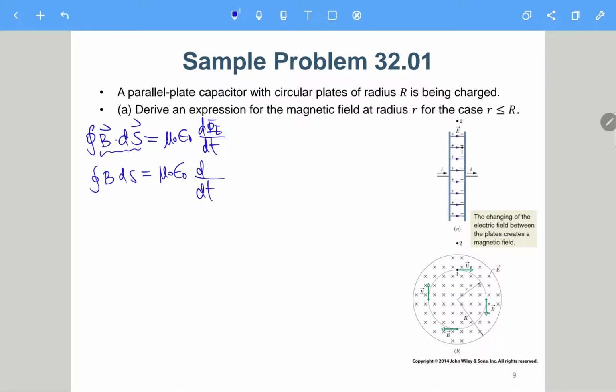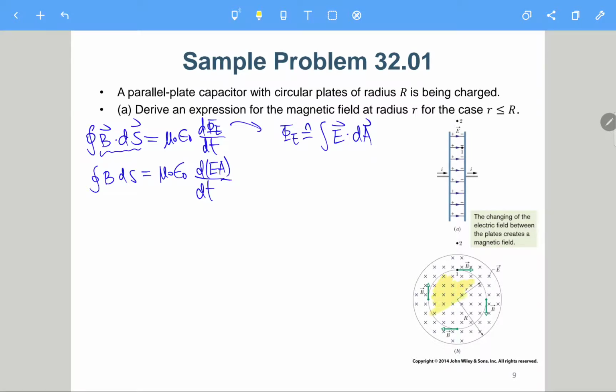So it is nothing but E times A, because originally the phi E for the original definition should be like E dot dA, something like this. And yeah, this is not a closed surface because we only consider this surface enclosed by the Amperian loop.